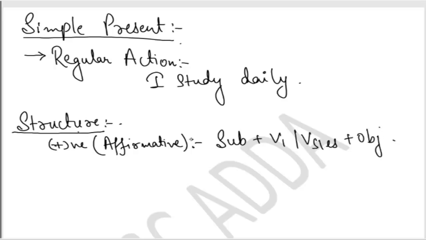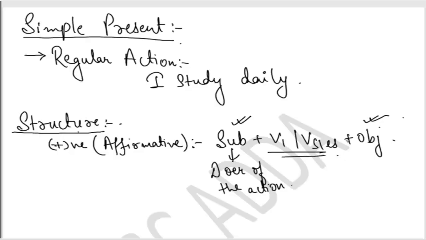Now the question arises, what is subject and what is object? Do you guys know what is subject and what is object? Subject can be a noun, subject can be a pronoun. It varies. Subject can be any name. Subject can either be I, we. Subject is basically called the doer of the action. Verb is action.